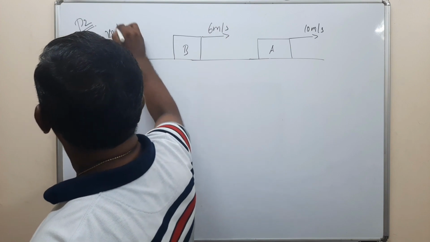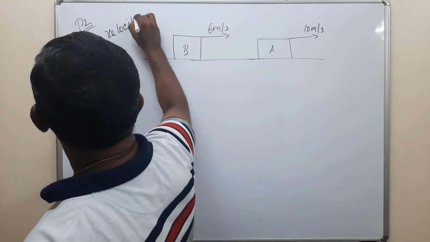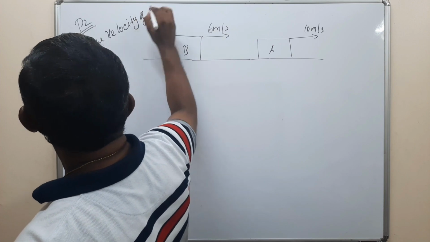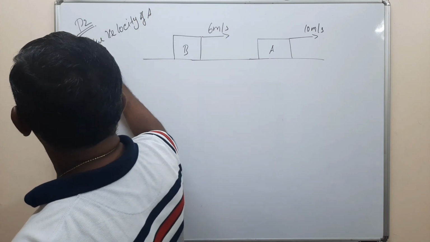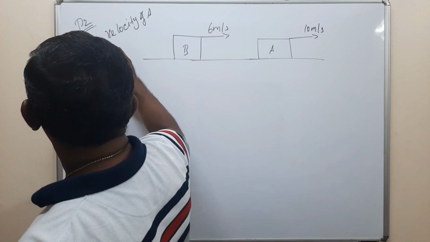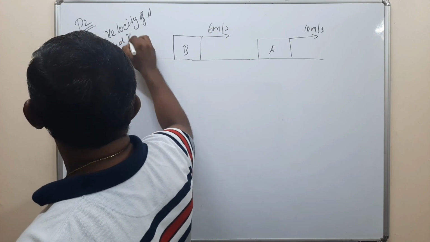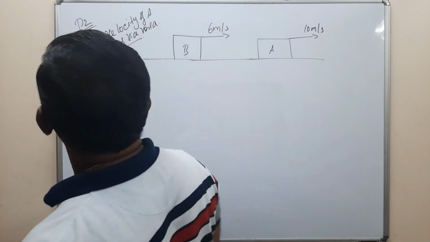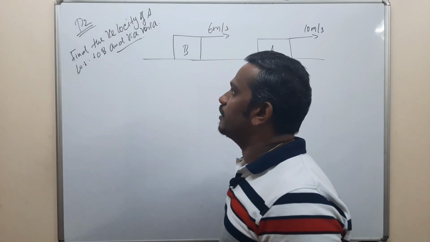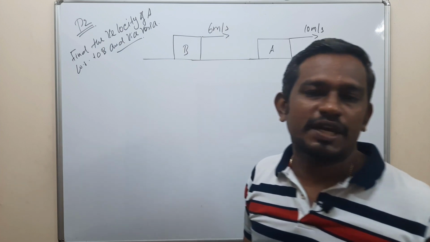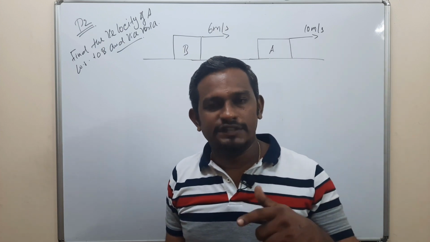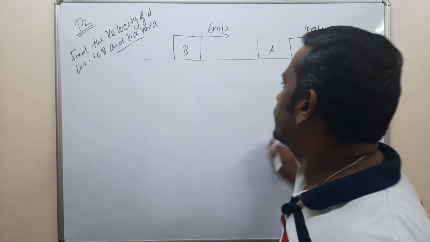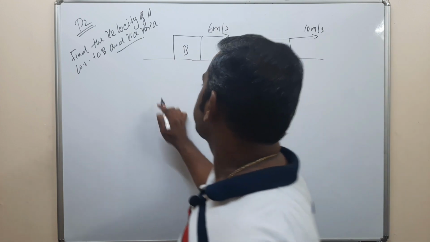Find the velocity of A with respect to B and vice versa. Vice versa means velocity of B with respect to A. Okay. So, solution.